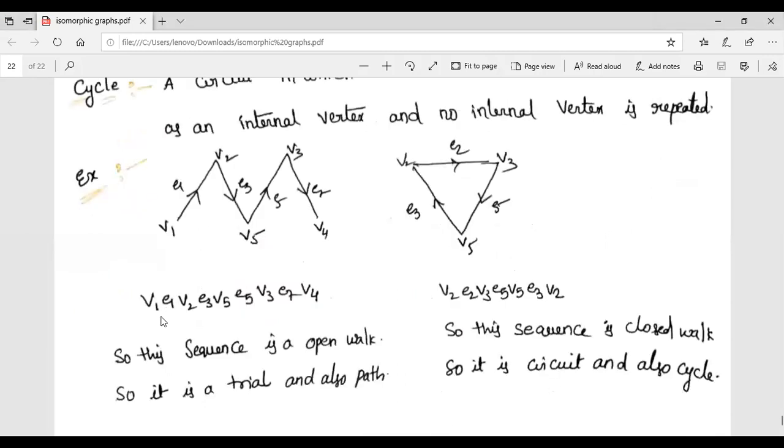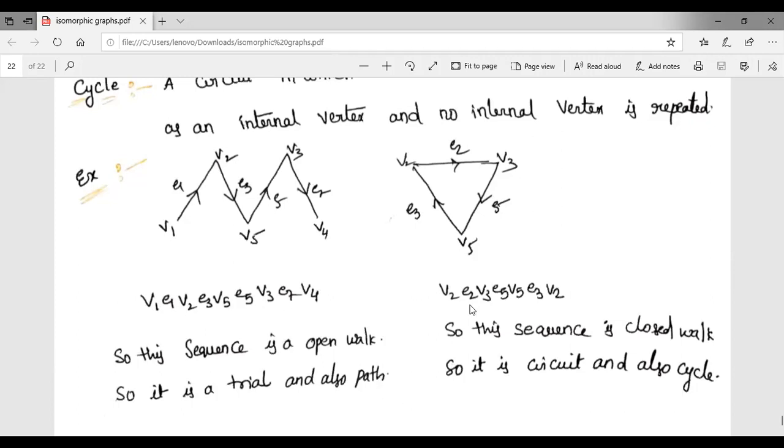If we consider V1, E1, V2, E3, V5, E5, V3, E7, V4, this is an open walk because the starting and terminal vertices are different. So it is a trail and also a path. An open walk with no edge repetition is called a trail, and an open walk with no vertex repetition is called a path.